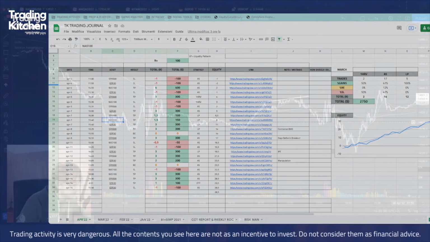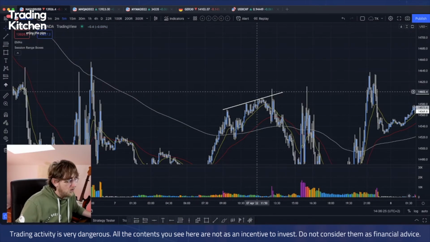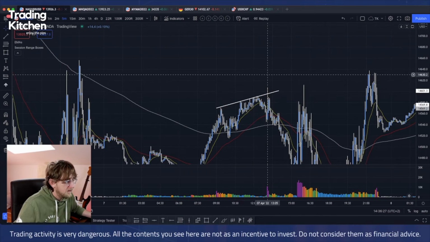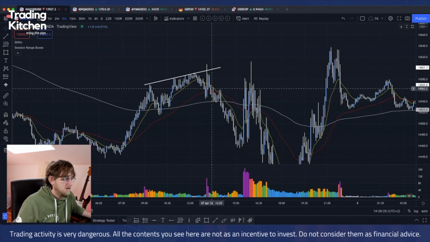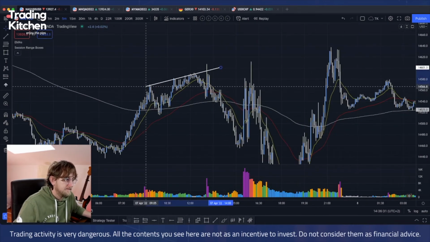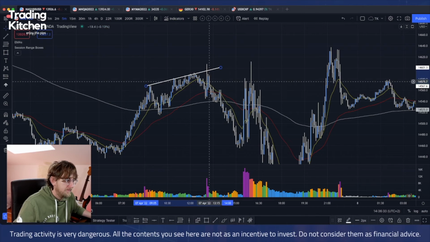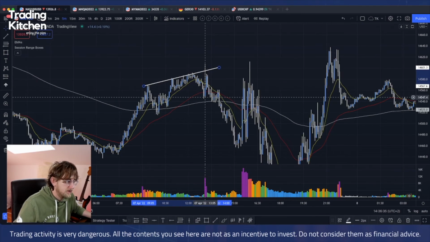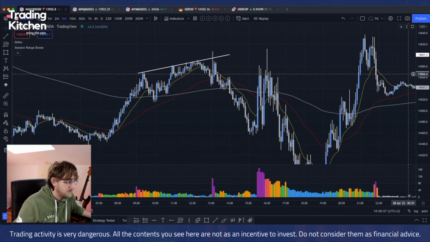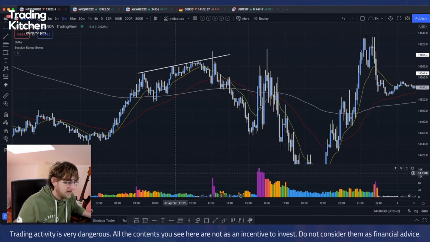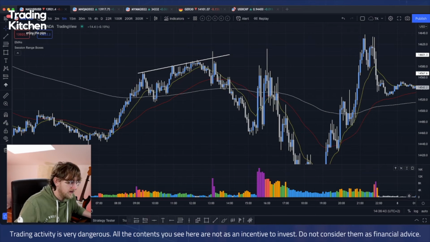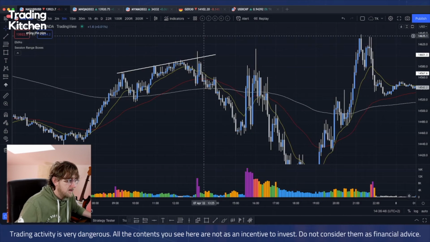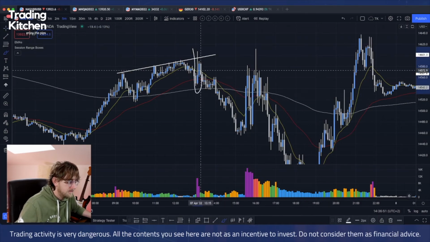Anyway, let's see an example. As you can see, here we have a trend line, fake breakout, strong rejection, and look at the volumes here. This is a very useful indicator that you could easily find on TradingView. You see this huge rejection.